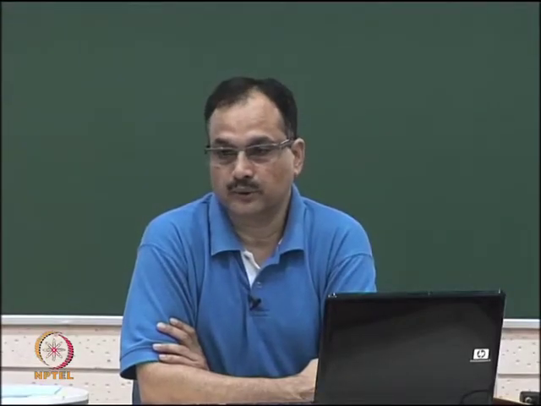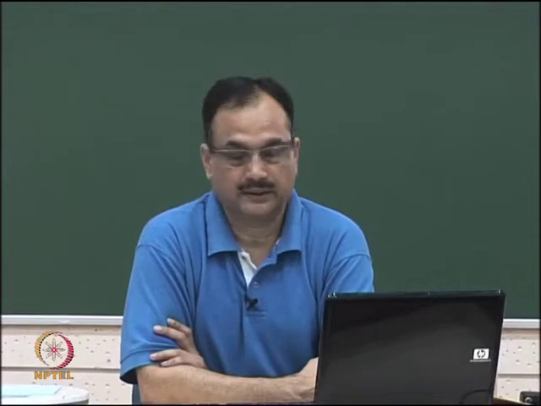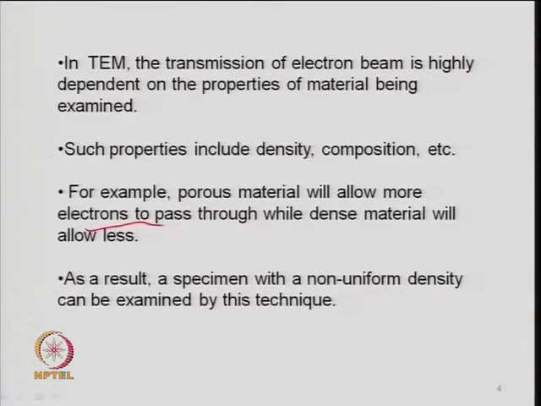Depending upon that, you can distinguish between the metals. A porous material will allow more electrons to pass through while a dense material will allow fewer, so you can distinguish them. Based on this, non-uniform density can be examined. The uniformity of the surface or the chemical composition of the surface can be traced by using transmission electron microscopy.